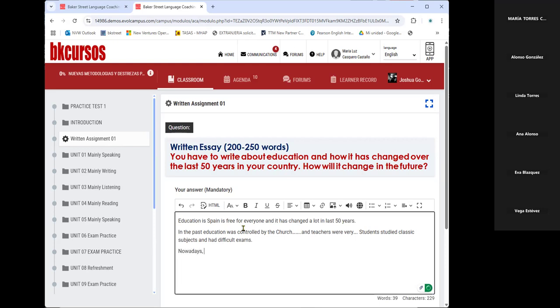Nowadays, the system is very flexible and adapts, right, to children in the 21st century, right? We use really modern techniques and resources like the flipped classroom, tablets, technology, project work, group work, learning by doing, Montessori, all these different things, okay?